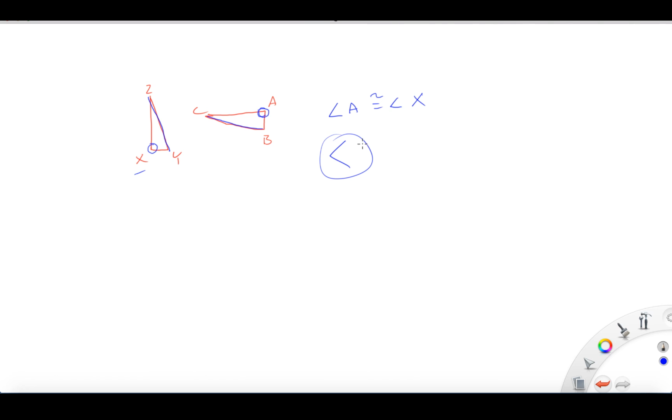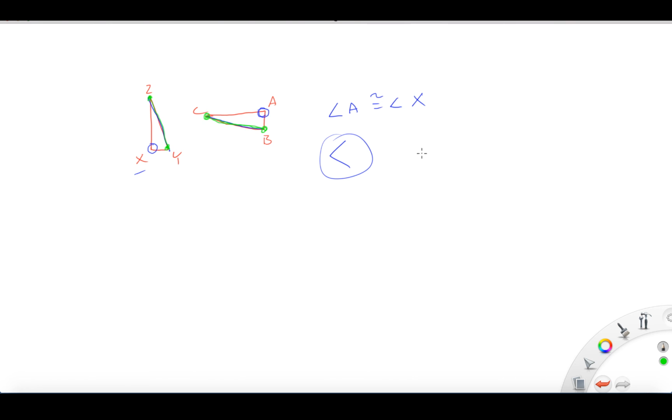Then it says B, which side in triangle XYZ corresponds to BC? All right, let's get a different color here. What is BC? BC is this hypotenuse right here, which is the same as this one right here.